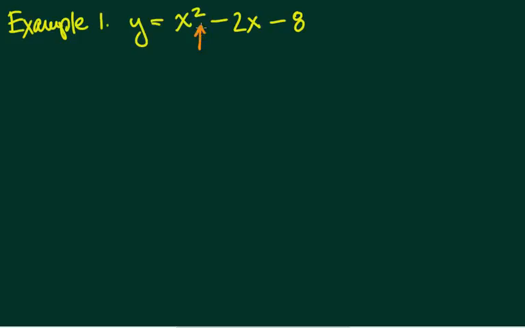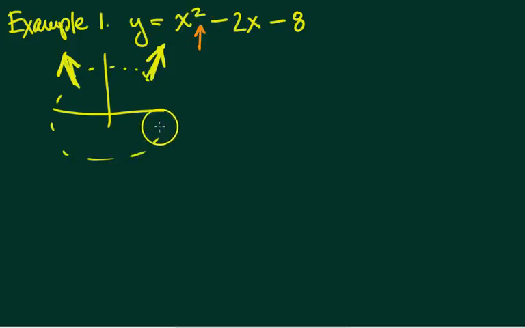We know that it's a parabola that is going to go up at both ends, and we know that because we're familiar with polynomials of degree 2 already. And now we need to consider what's happening between these two ends. That's what I call interesting.